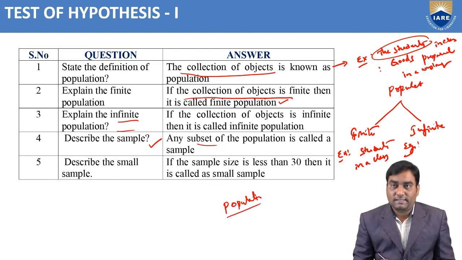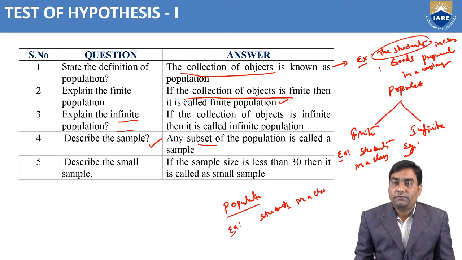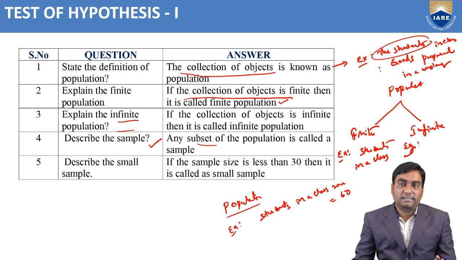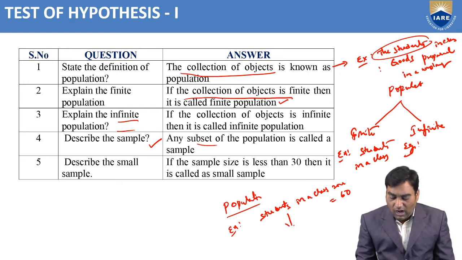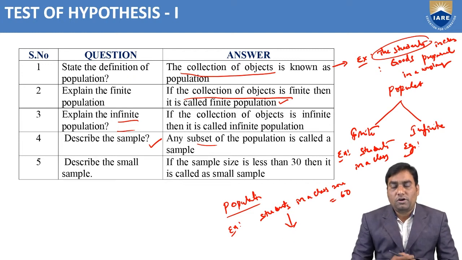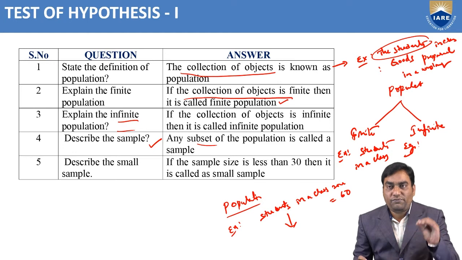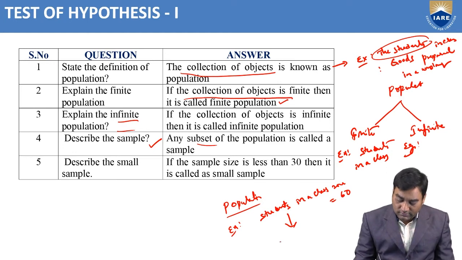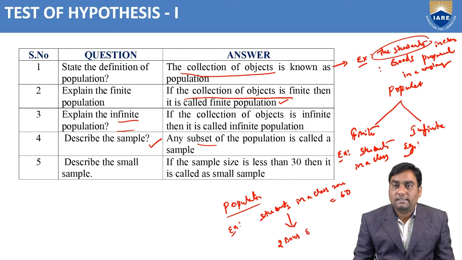Suppose, I will explain with an example. The students in a classroom are 60 members, if you treat this as a population, I want to choose only 5 students from this class, 2 boys and 3 girls.